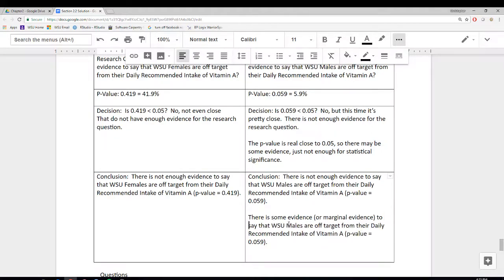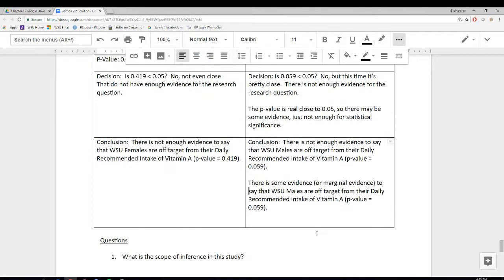To say that WSU males are off target. Now, we talked about this in the previous section, that we statisticians aren't allowed to make statements like this because people will just end up having additional discussions about what you mean by some evidence or what you mean by marginal evidence. As a practicing statistician, we don't make those types of statements.